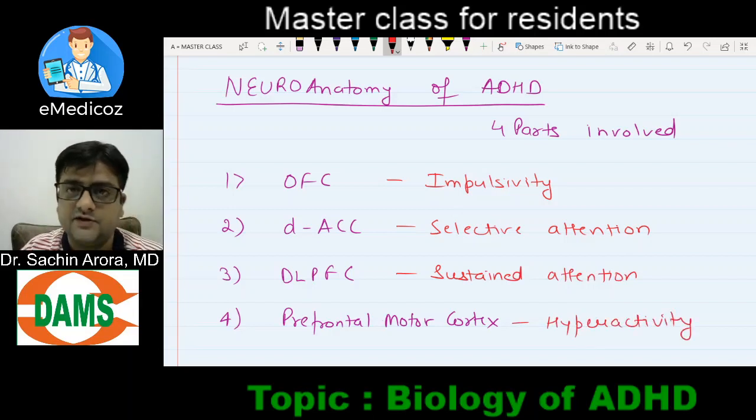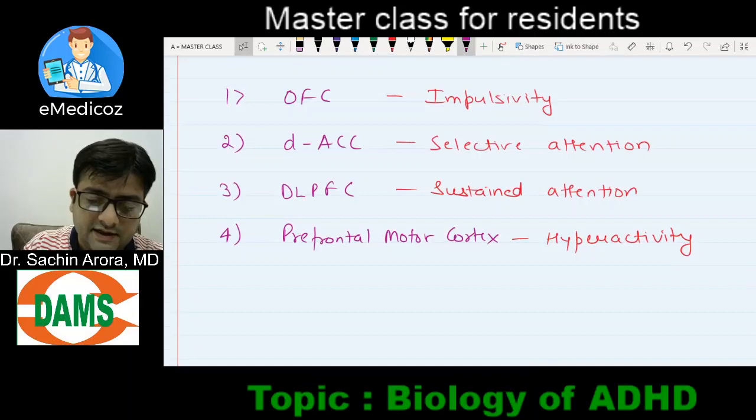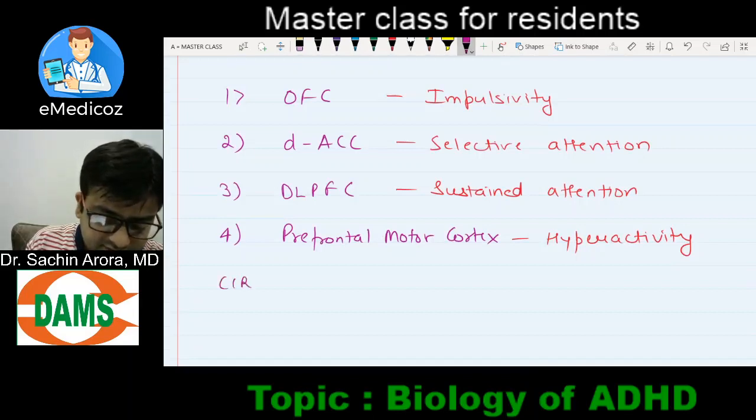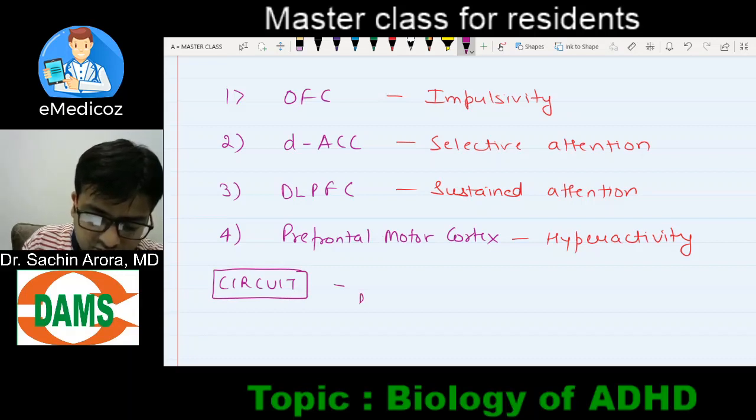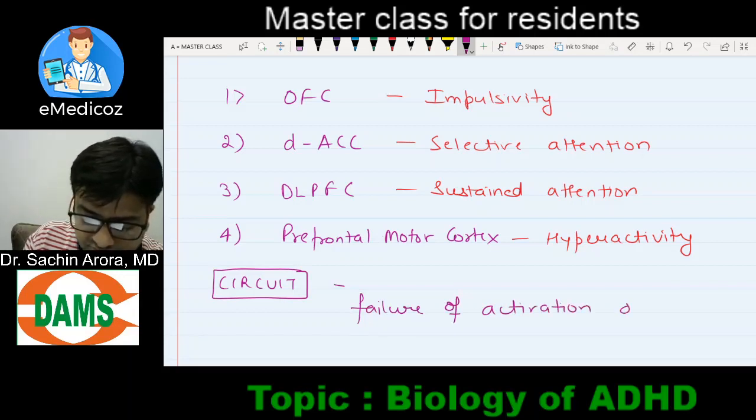Then the next heading you are supposed to give is circuit. ADHD is caused due to failure of activation of the CSTC loop.